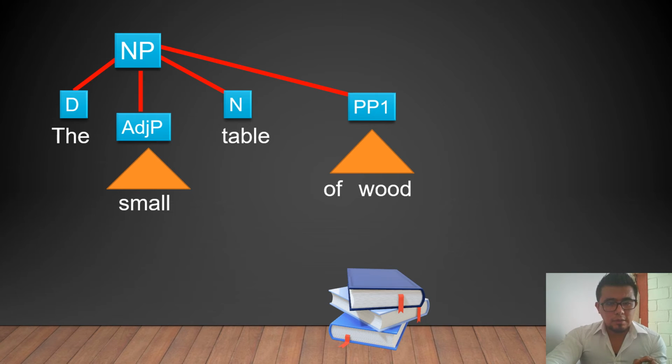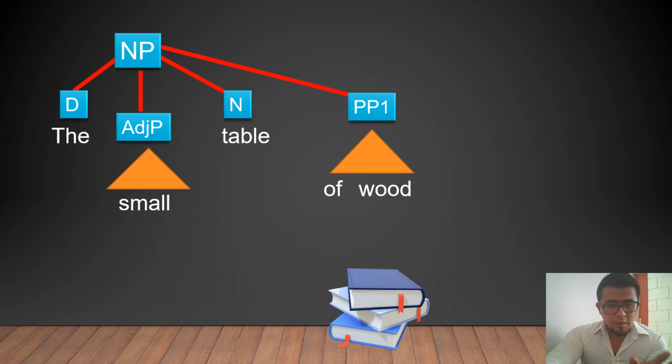So if we say the table, we only know that there is a table somewhere. But if I say the small table, you will understand that the table I'm telling you about is small, so you have to look at it.